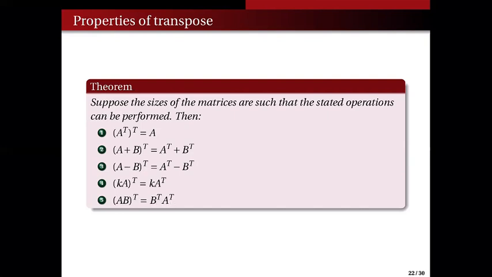Similar to the inverse, you cannot just distribute this superscript. You have to interchange the factors. So AB transpose is equal to B transpose A transpose.